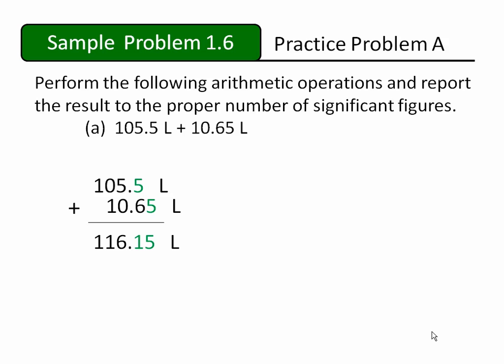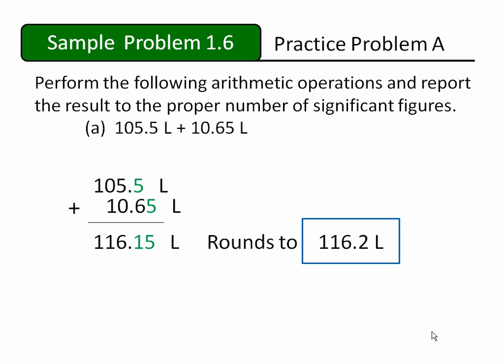We will need to round our solution so that we show all values, including the rounded value at the 10th place. We're essentially going to have to round off of 5, and since we have a digit that is greater than or equal to 5, we will round this value up to 116.2 liters. Notice that as I report this final value, I always include the units associated with it.